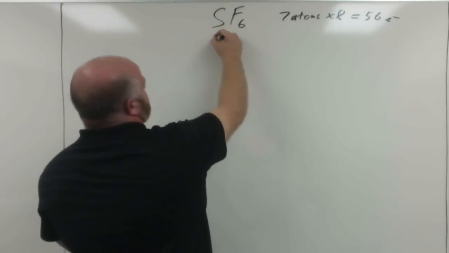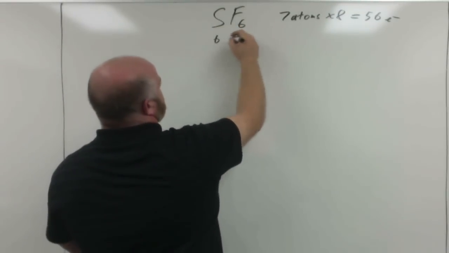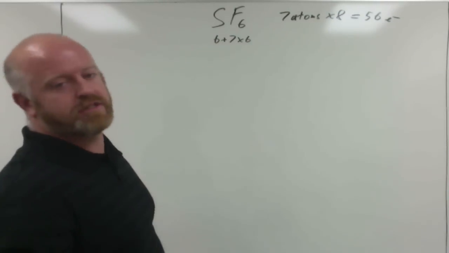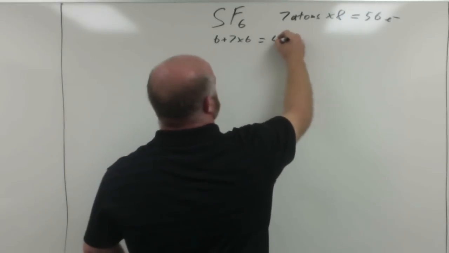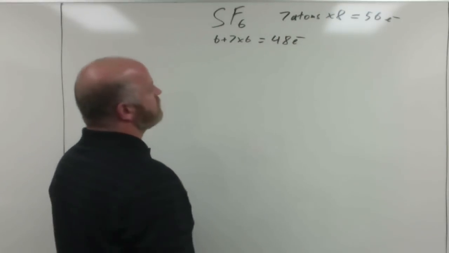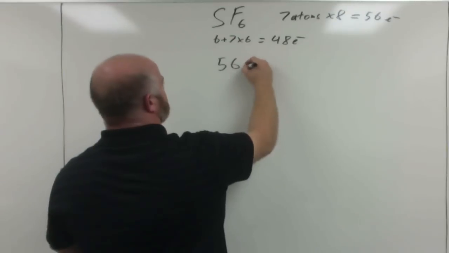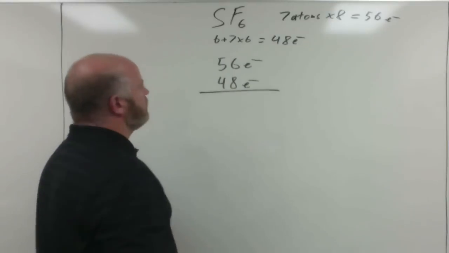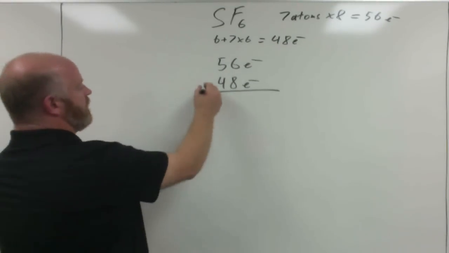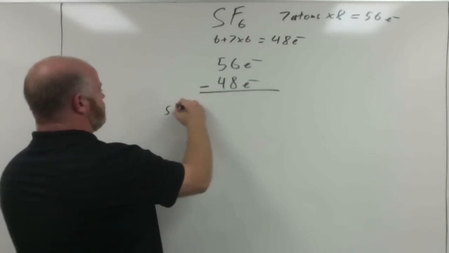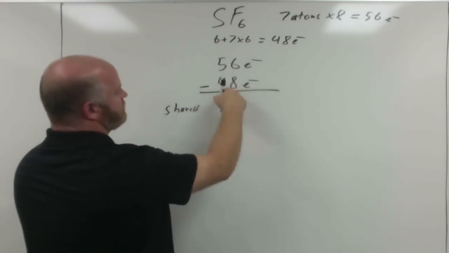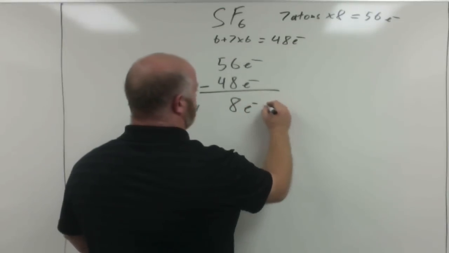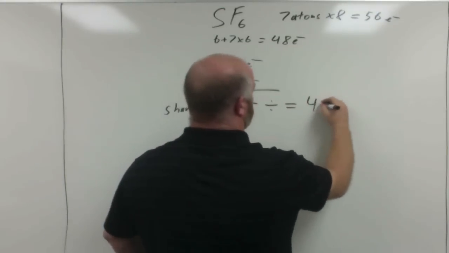Sulfur starts off with 6, fluorine has 7 times 6, so 7 times 6 is 42, 42 plus 6 is 48. We have 48 electrons. So if they want to have 56 electrons and they actually have 48, that first subtraction to figure out how many are shared gives 56 minus 48, which is 8, which would tell us that we have 4 bonds.